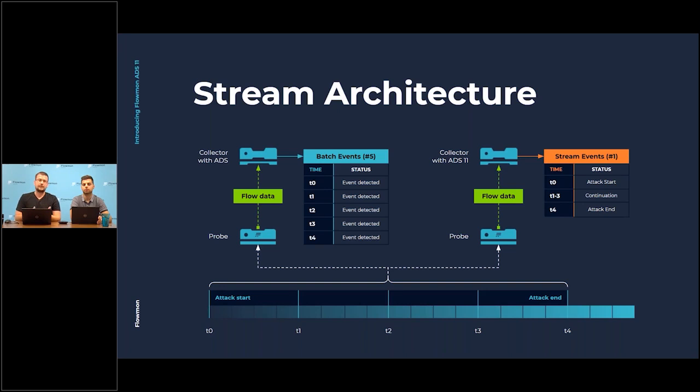And if we take the old ADS version 10, where we process the flow data in 5-minute batches, for such an attack, we would detect up to 5 events, one for each batch, basically. So there is just one attack, but we detect it as an event multiple times.